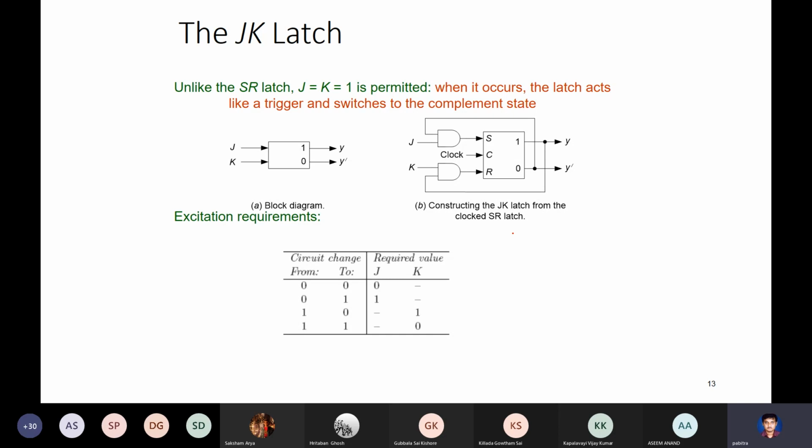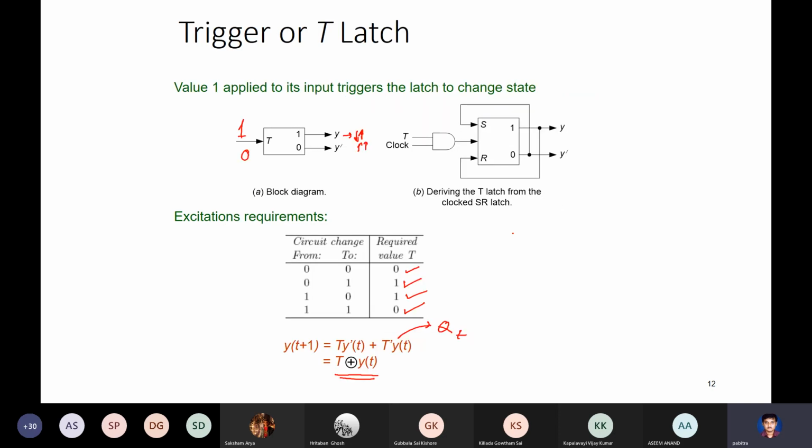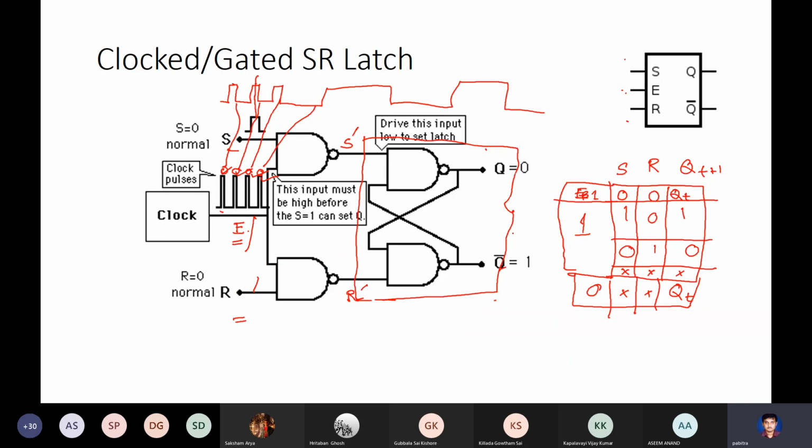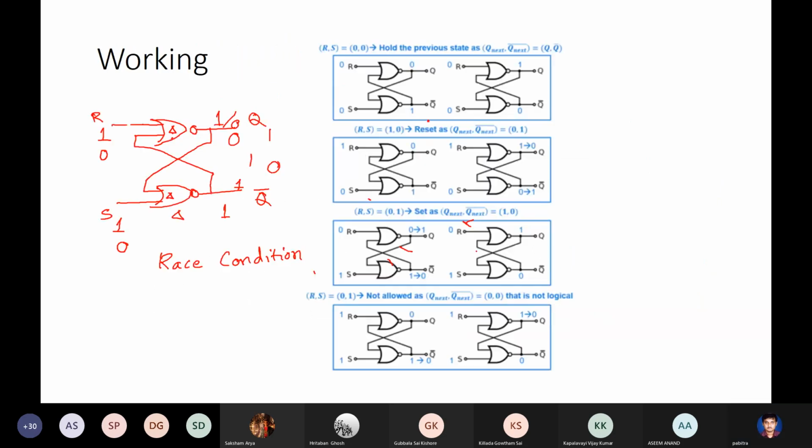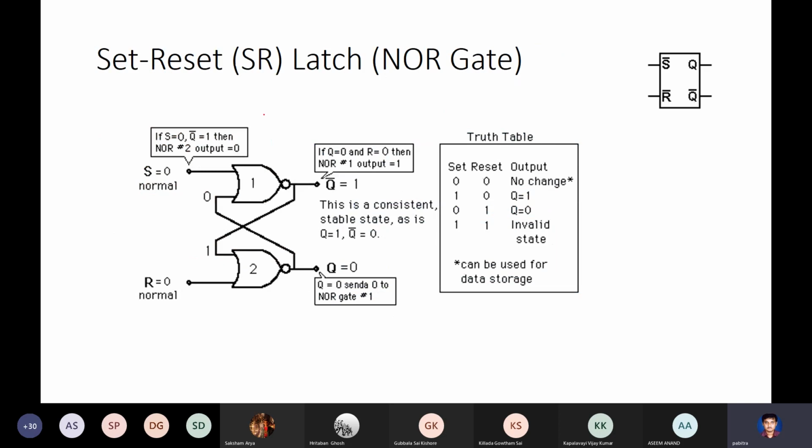Now let us look at another modification. One of the limitations of this SR latch was that 1 1 was an invalid state. So basically, I have only three input combinations to control. But to have more power, I should have this fourth combination also.